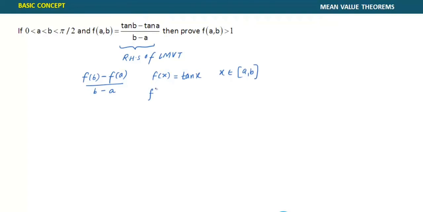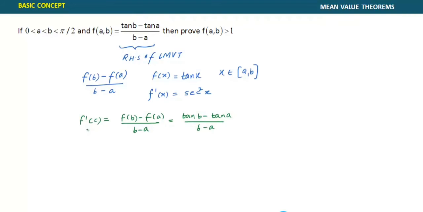Now let's apply LMVT to this particular problem. If I say f'(x), what will be the f'(x)? Secant square x, right? And LMVT says that there will be a value c for which f'(c) will be nothing but (f(b) minus f(a)) by (b minus a), or we can say it will be equal to (tan b minus tan a) upon (b minus a).